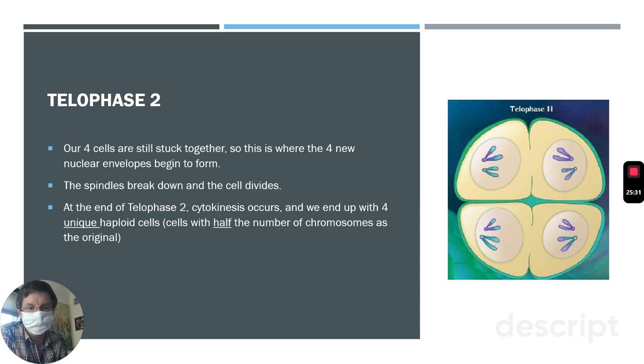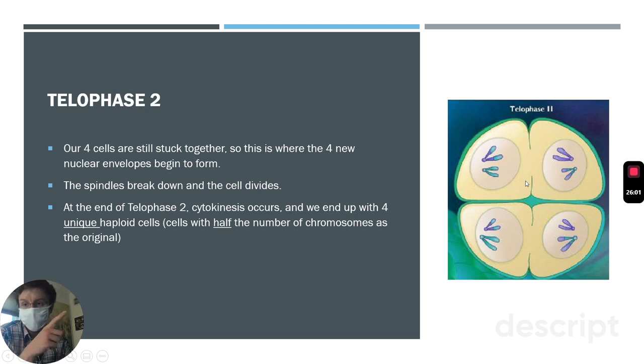It's in me, it's in you, it happened in your mom, it happened in your dad. Whether in biological males they're making sperm or biological females they're making eggs, they started with 1 regular cell and ended up with 4 unique cells, different from the original and different from each other, that each have half the amount of the original.